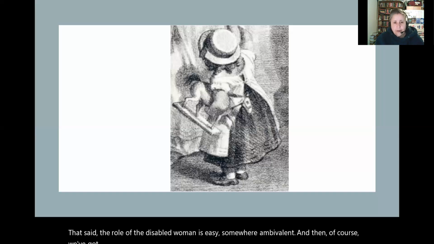Although, as I said to you, the role of the disabled woman is somewhat ambivalent. And then, of course, we've got this other kind of horror story happening on the extreme right, which is the hearse, the kind of symbolism of death and sorrow.